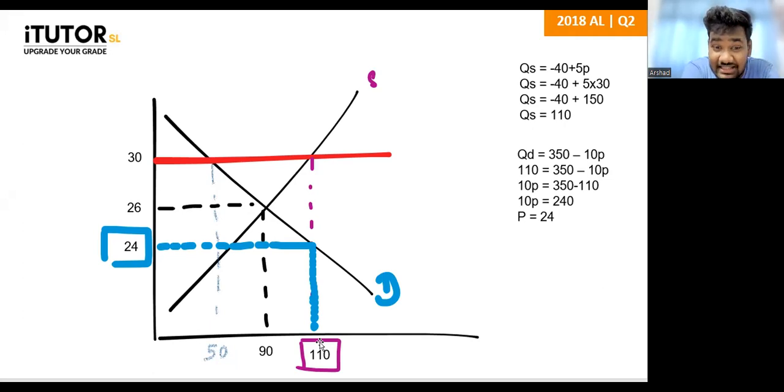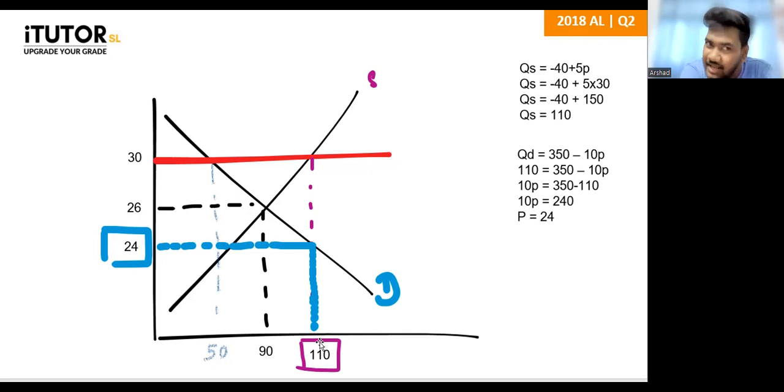What is the price the consumer is willing to pay? So farmer goes to the market, does the calculation, and he comes and says to the government, look here government, the consumer is willing to pay 24 rupees to buy my 110 kilos.